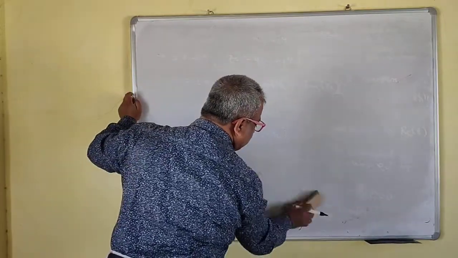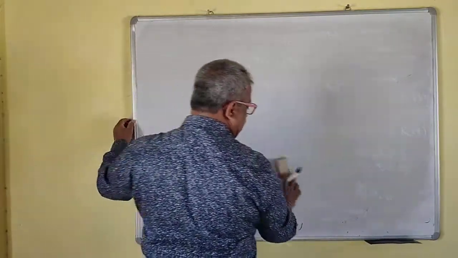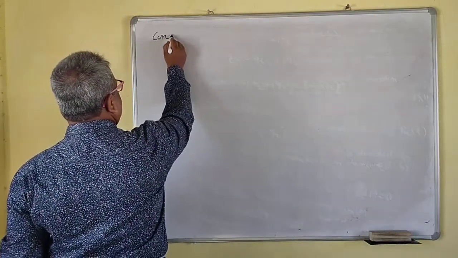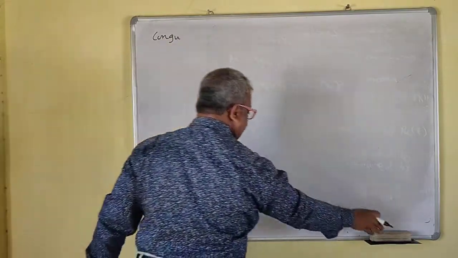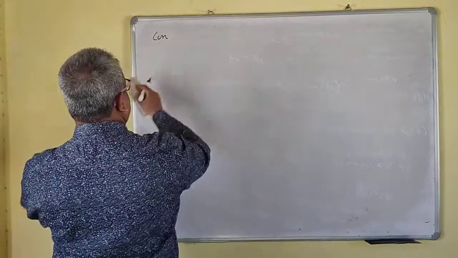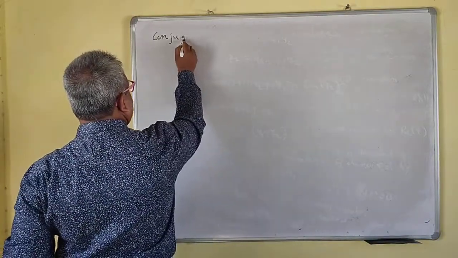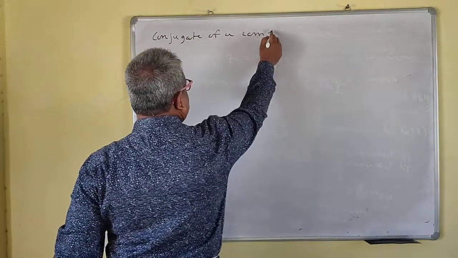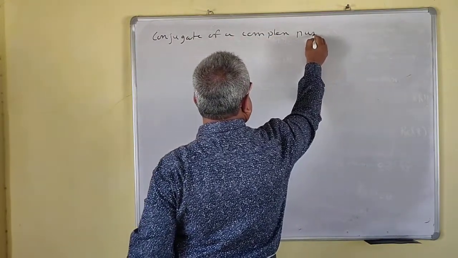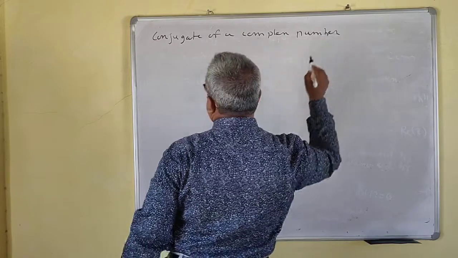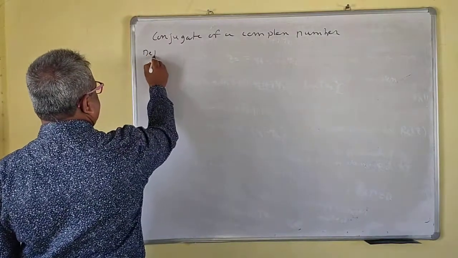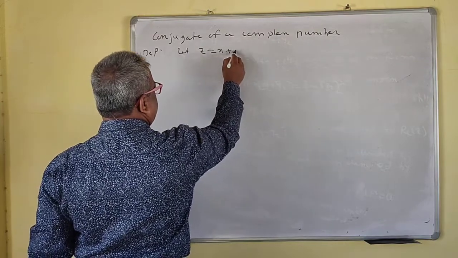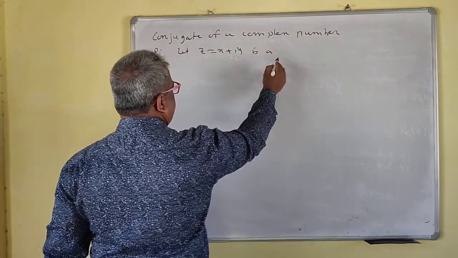So before division we'll see what we mean by the complex conjugate of a complex number. Definition: let z equal x plus iy be a complex number.